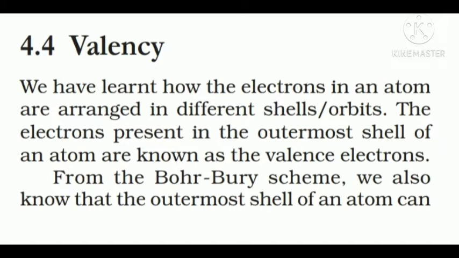We also know that the outermost shell of an atom can accommodate a maximum of 8 electrons. It was observed that the atoms of elements having a completely filled outermost shell show little chemical activity. In other words, their combining capacity, or valency, is 0.